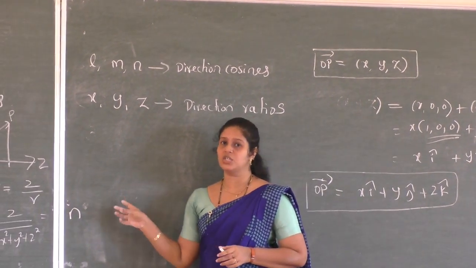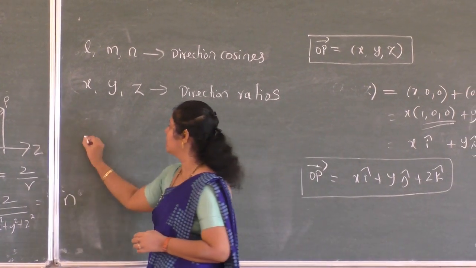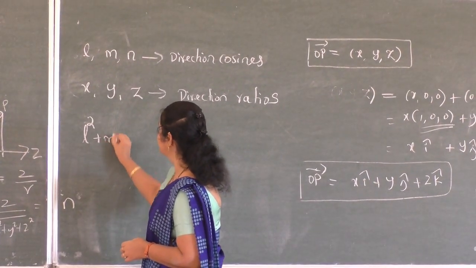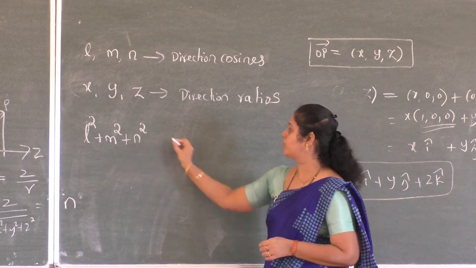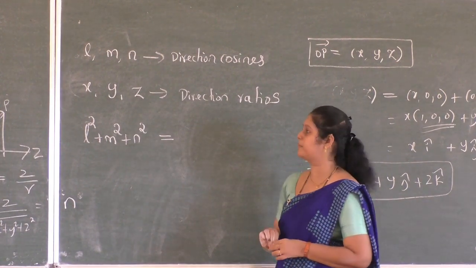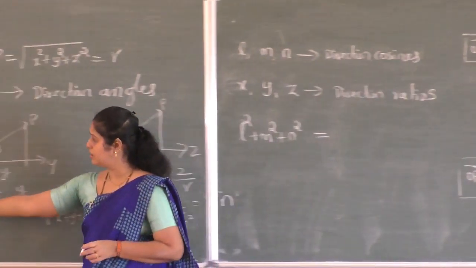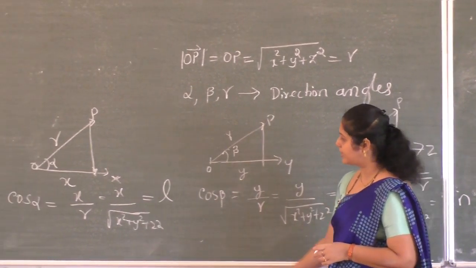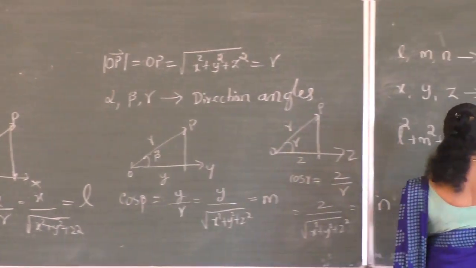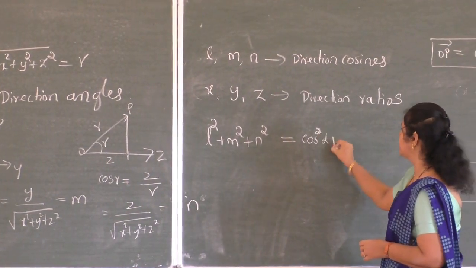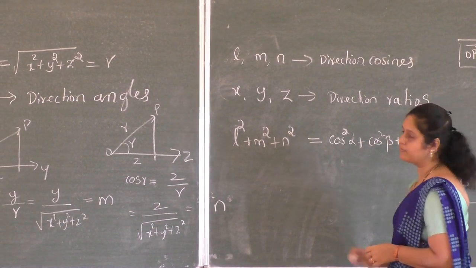Now we can write one relationship between L, M, N. L square plus M square plus N square is equal to, L square is cos square alpha, plus M square is cos square beta, plus N square is cos square gamma.